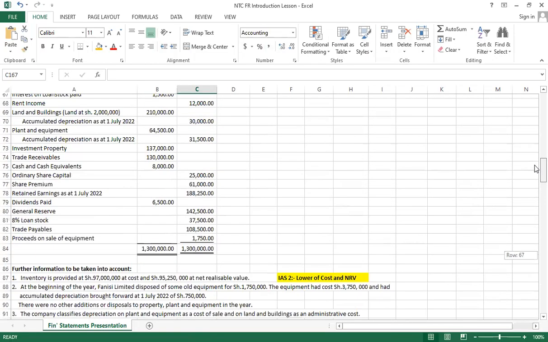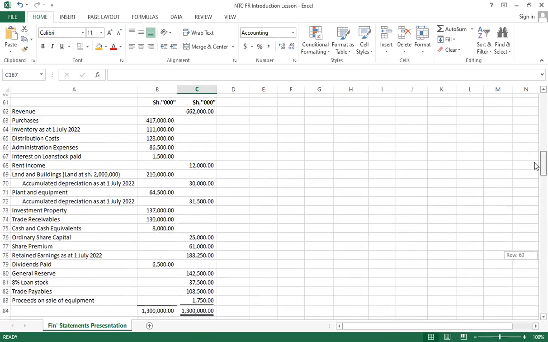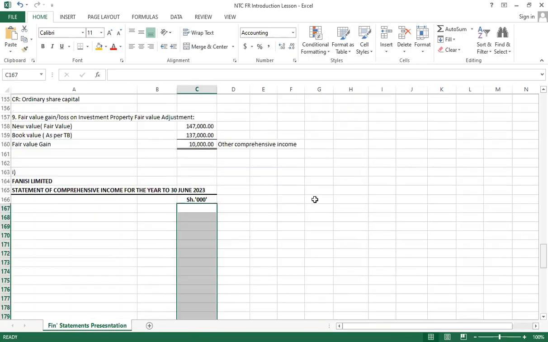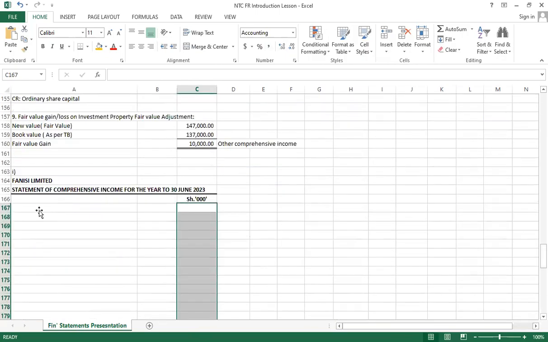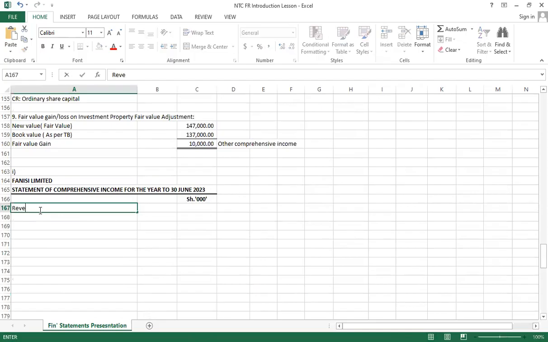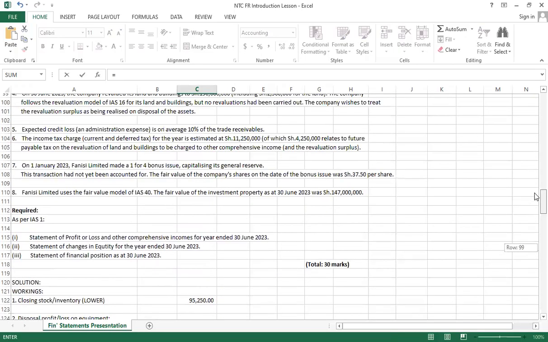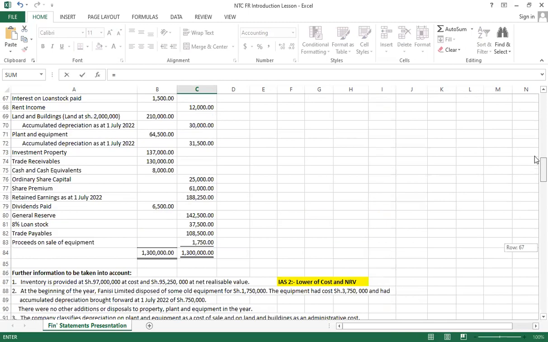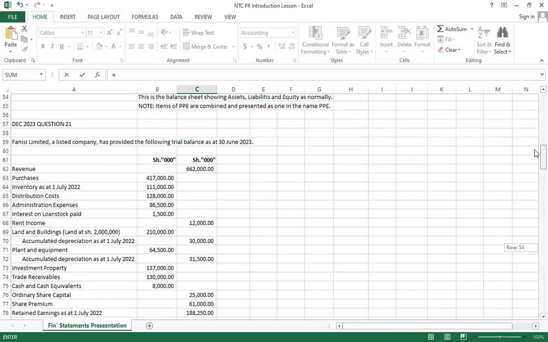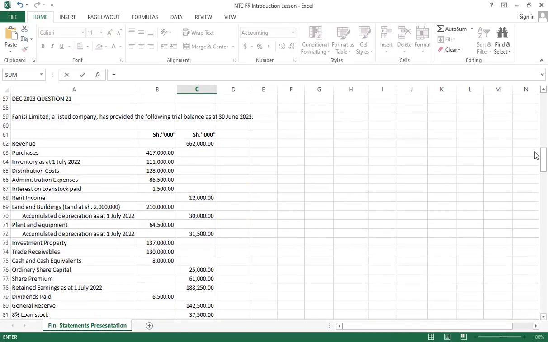The starting point is normally sales or revenue, whereby in this question we have revenue. So we'll start with the revenue, and we did not see in the workings that there was an adjustment on revenue, and so we very simply pick what we have in the trial balance, and this is 662,000.